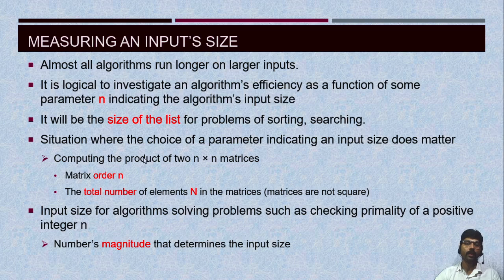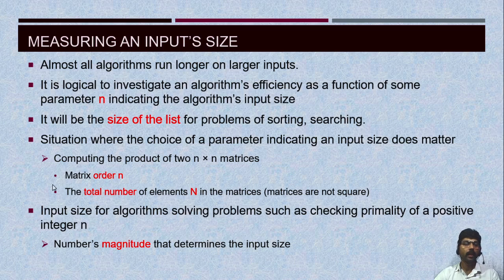But when you take n as the input, the efficiency is different from when capital N is the input. In both cases, the efficiency will change even for the same matrix.